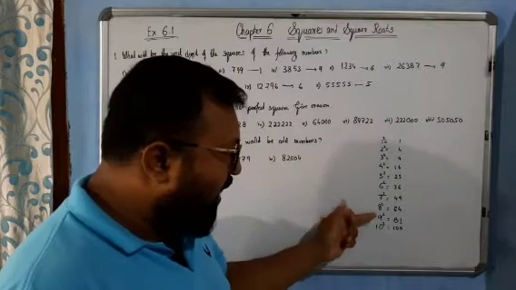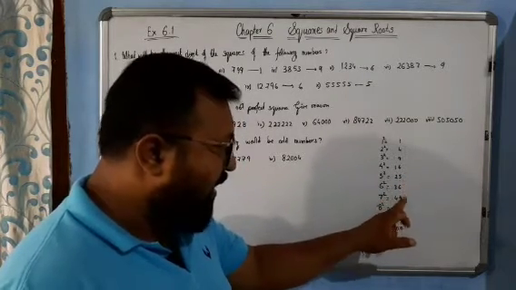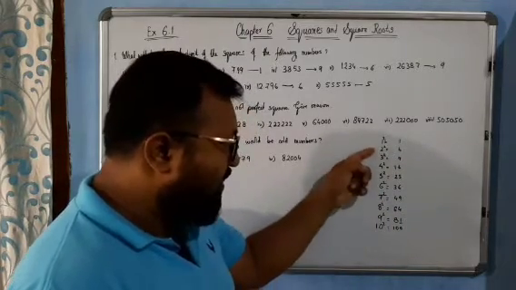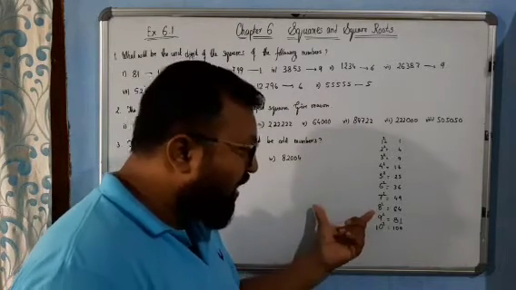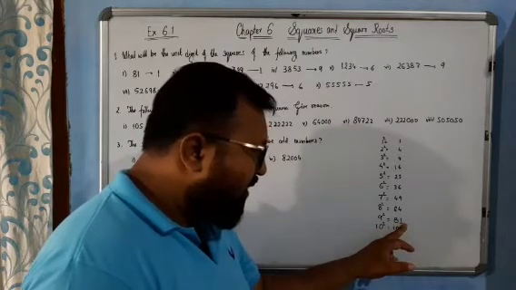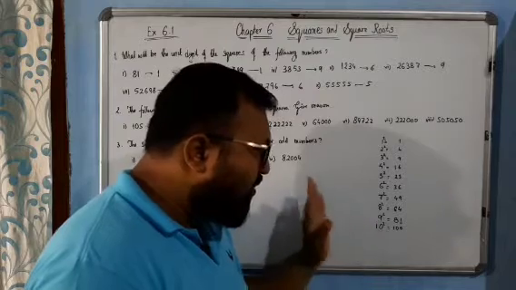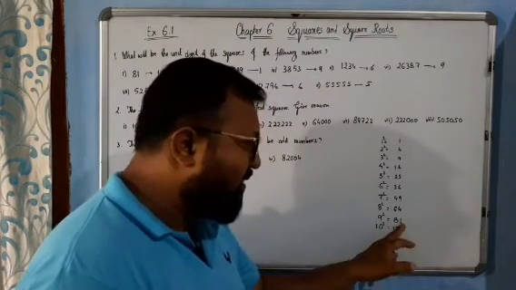From 1 to 9, I am getting 1, 4, 5, 6, 9 in the units place. Right now these are single digits. If you make it double digits, triple digits, whatever, if we square those numbers, suppose we square 399, whatever may be the result, we will always get 1 in its ones place.